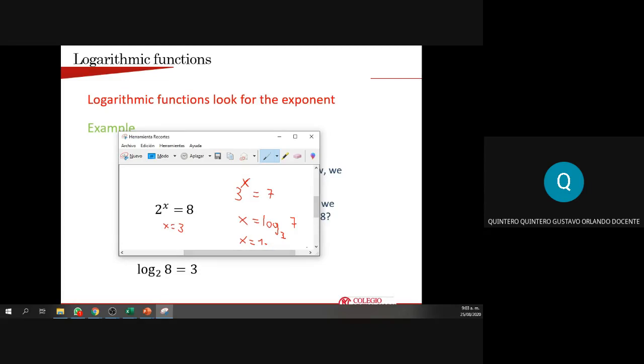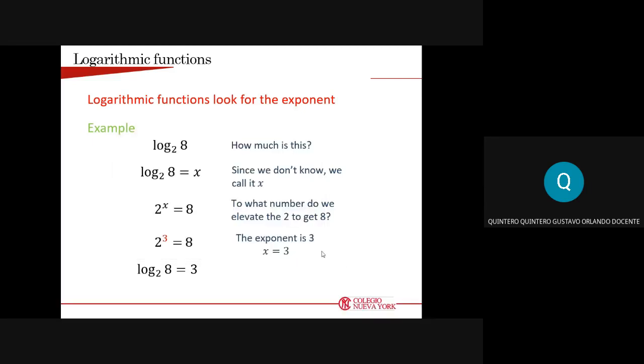I don't know how much that is. Maybe one of you can tell me. That is the answer, right? Before, we didn't know how much x was. But now, by making this change, now we can find the answer. This is the power of logarithmic functions.